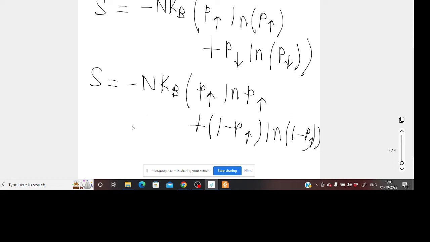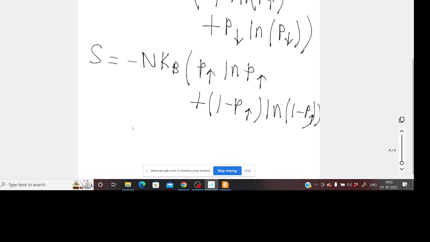Okay, so this is the equation we have seen in the first problem of this live session, right? Yes sir. And we have plotted the entropy as a function of p up.